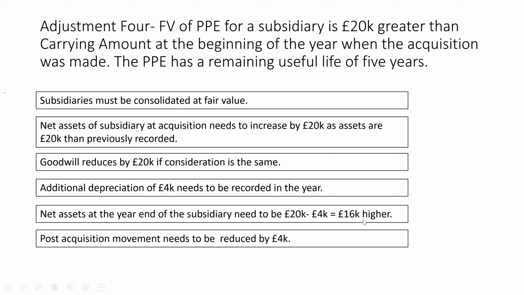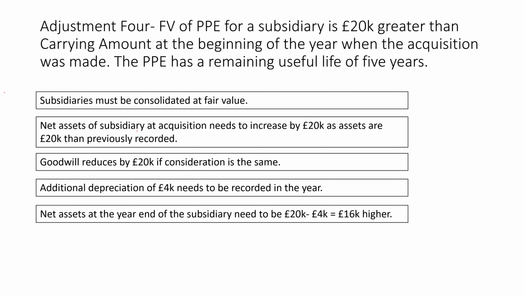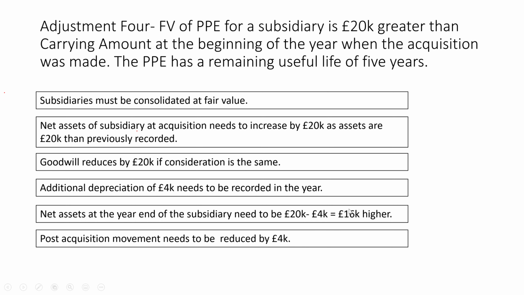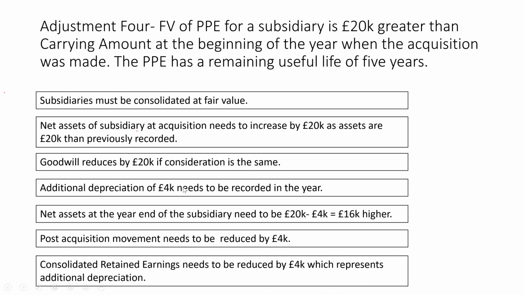So our post-acquisition movement, well, initially net assets were 20k higher, and now they're only 16k higher. So our post-acquisition movement needs to be reduced by 4k, and 4k, as you can see, is the depreciation. So if our post-acquisition movement needs to be reduced by 4k, then consolidated retained earnings needs to be reduced by 4k, and the 4k represents additional depreciation, okay?